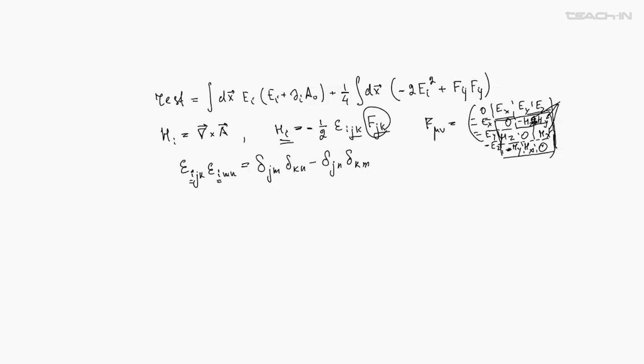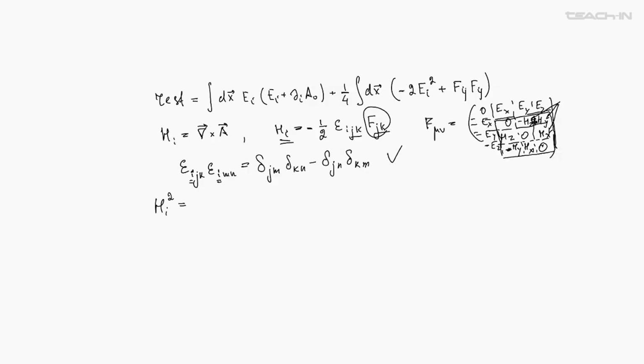Yes. So we have this formula, which is a nice and important formula for summation of the epsilon tensor with respect to one index of it. This formula allows us to compute h squared. So if I take h squared, this means that I will have 1 over 4. I'm using this formula and substitute it here.